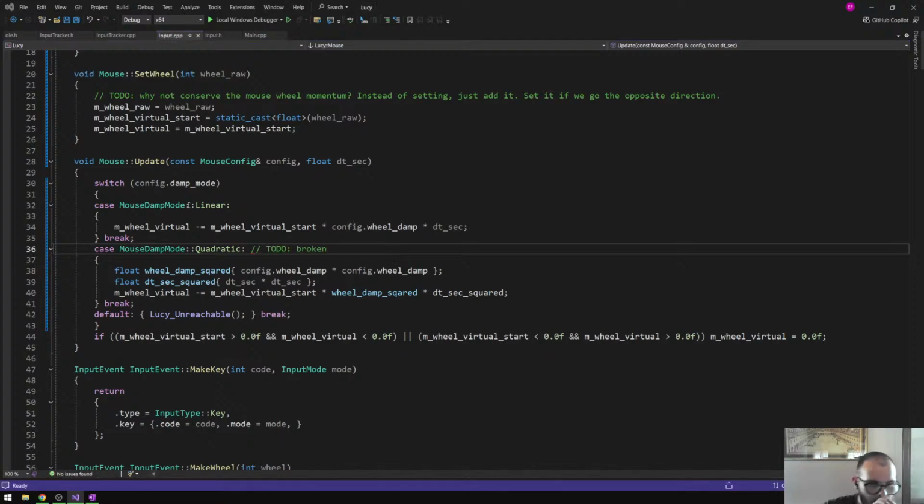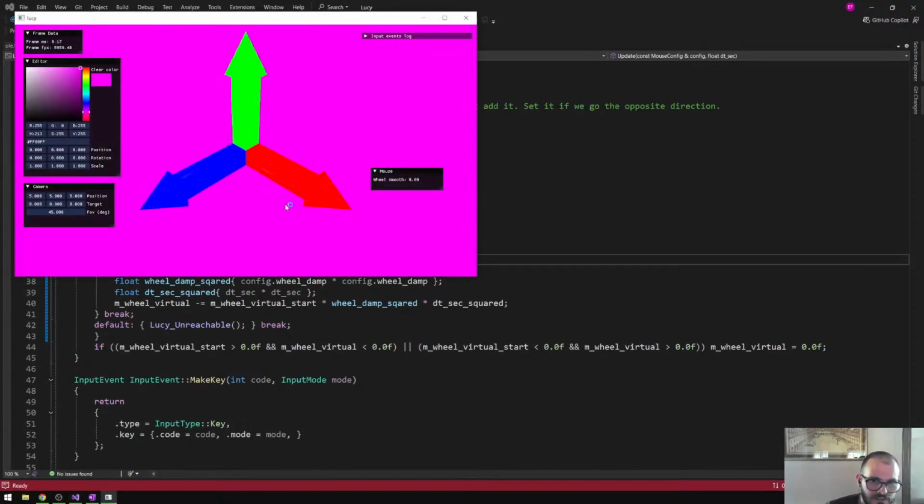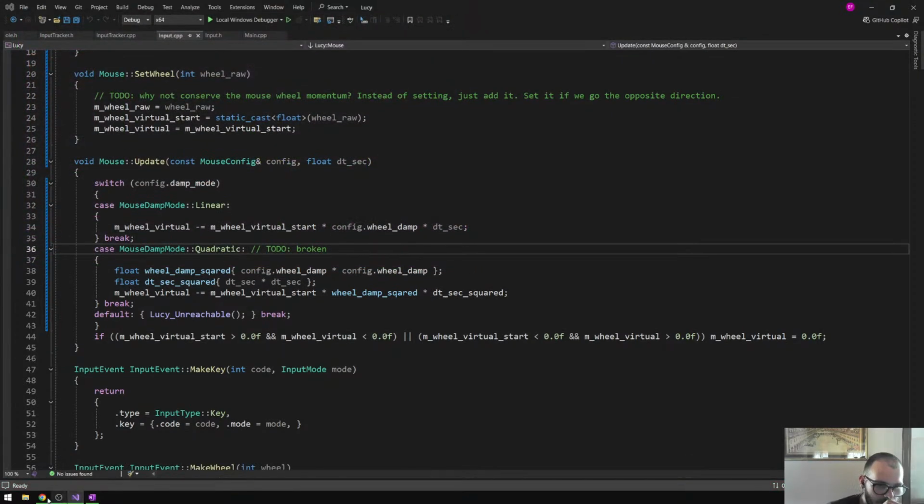So the math was mathing for the old one, but the math is not mathing for the new one. How can I fix this?